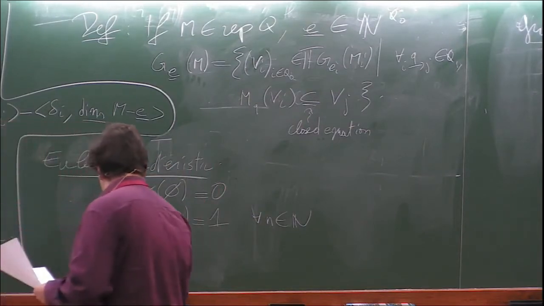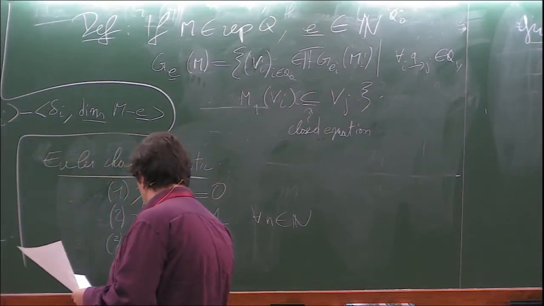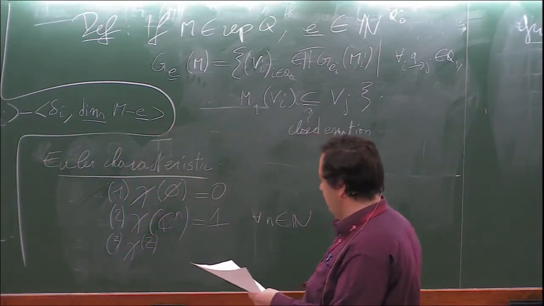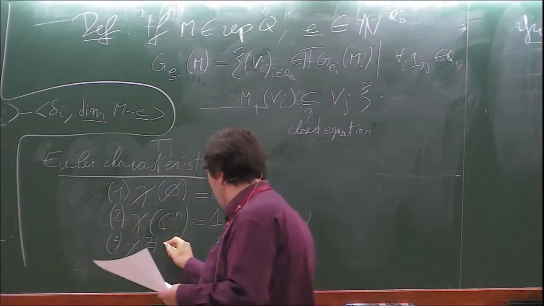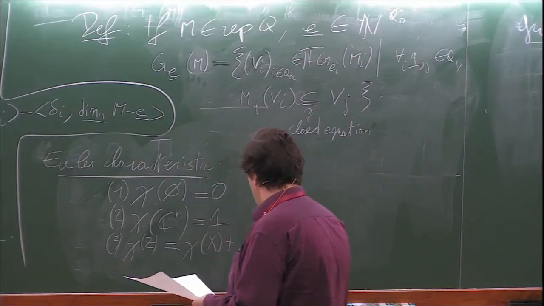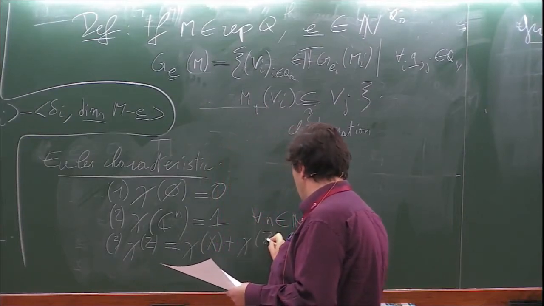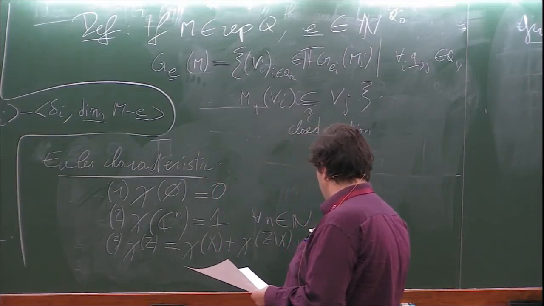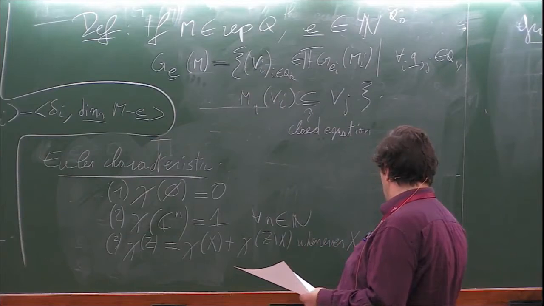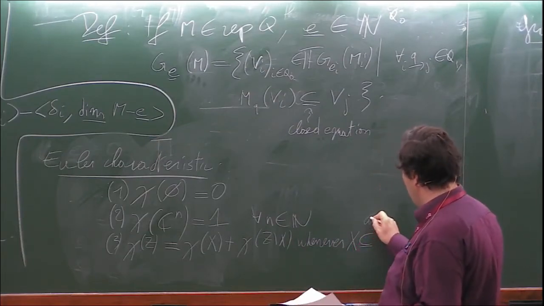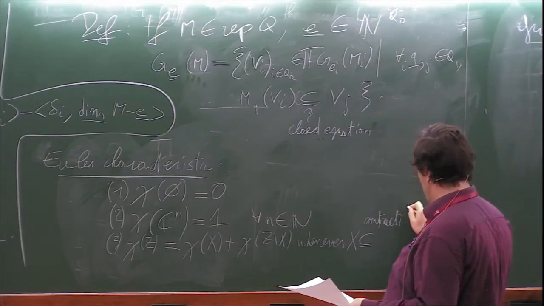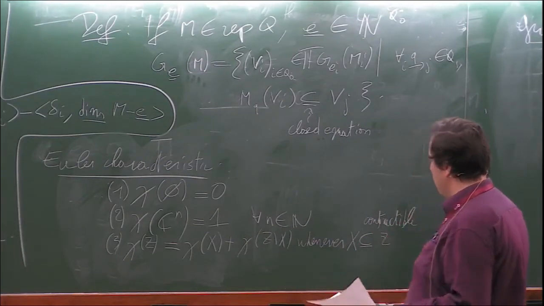So third, the Euler characteristic of V, and I did not define on which set it's defined, so I will be slightly more clear in one second, is equal to the Euler characteristic of X plus the Euler characteristic of V minus X whenever X is constructible, and I will tell you what it means, constructible in V. So what does constructible mean?